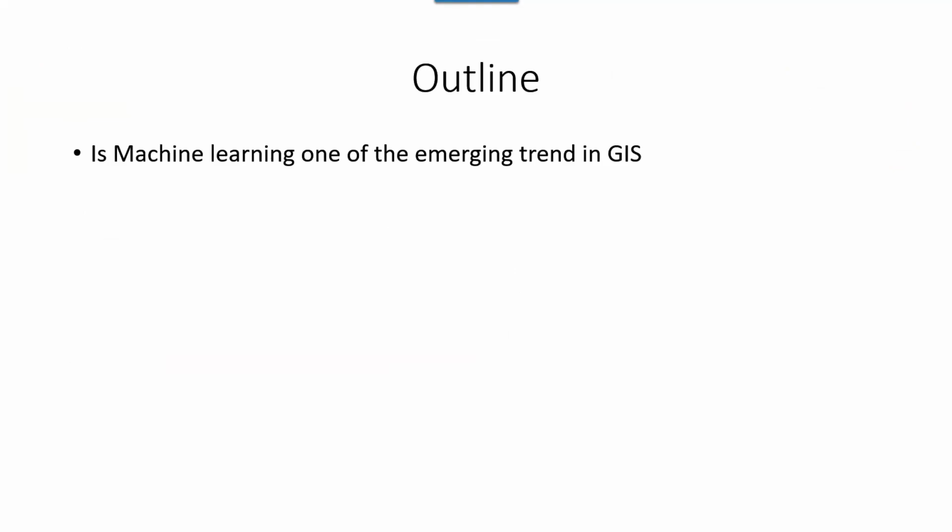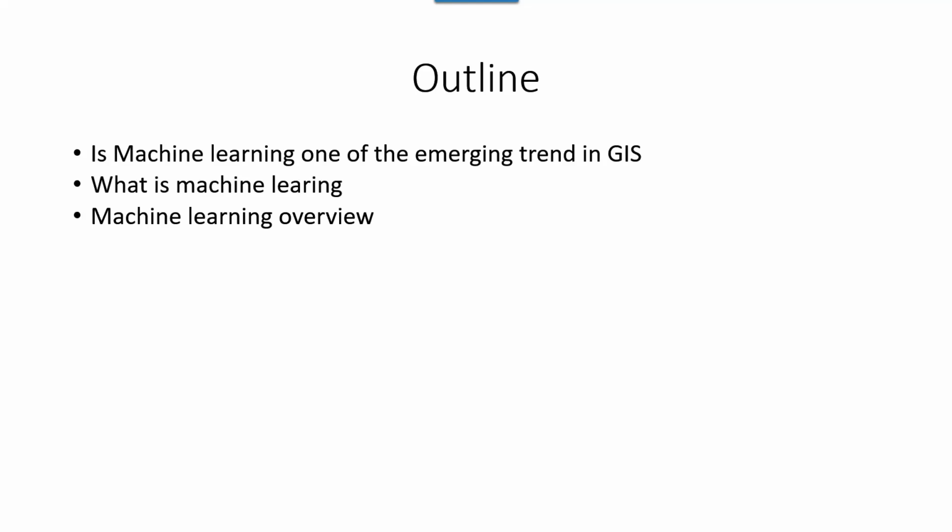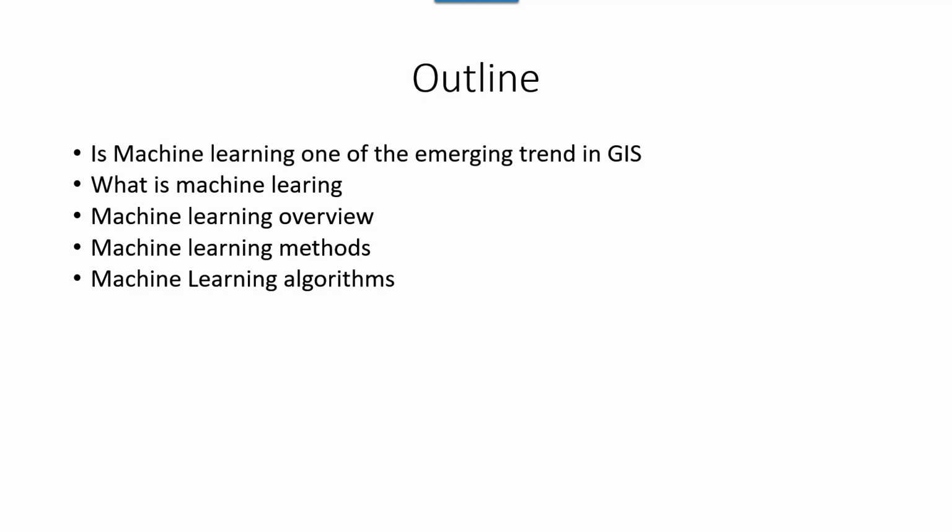The content of this presentation will be: is machine learning one of the emerging trends in GIS? What's machine learning? What do we mean by machine learning? Machine learning general overview, the big picture of machine learning, then machine learning methods or categories, and then machine learning algorithms.